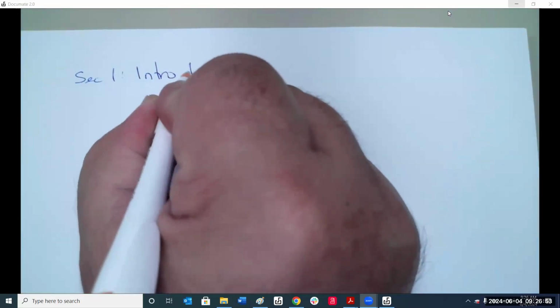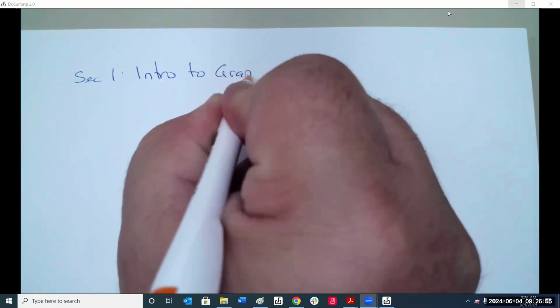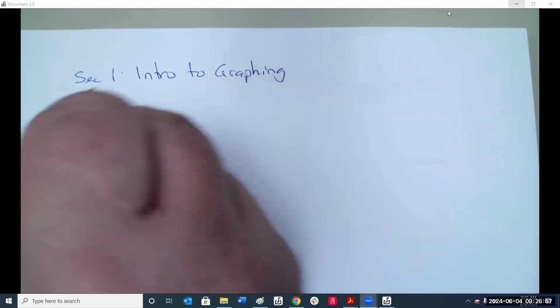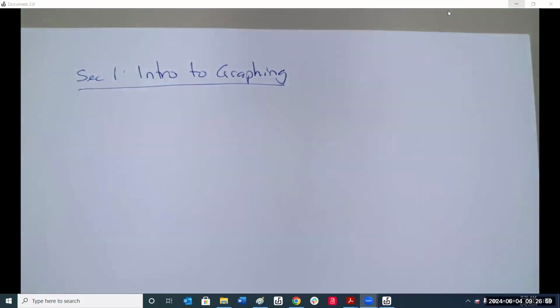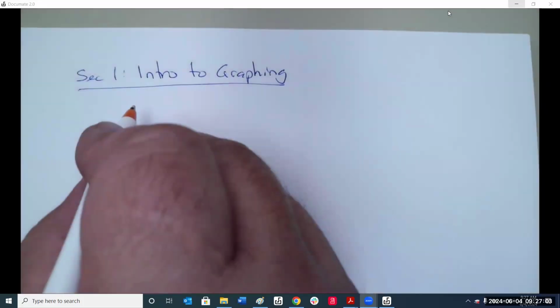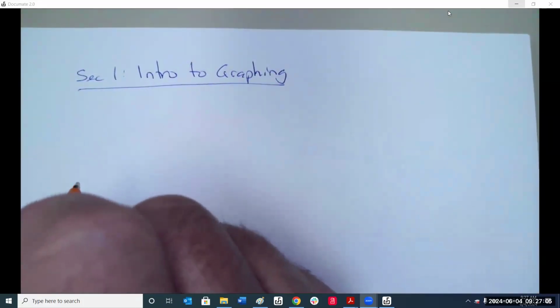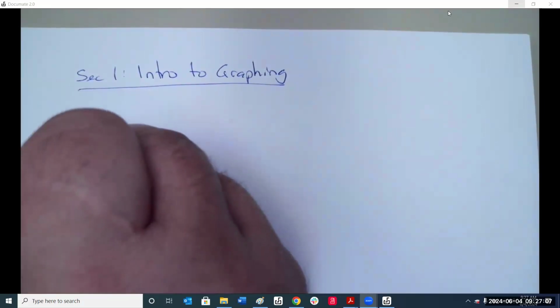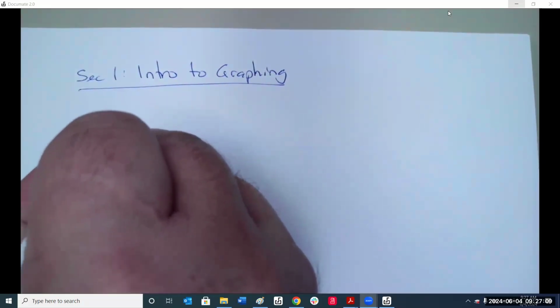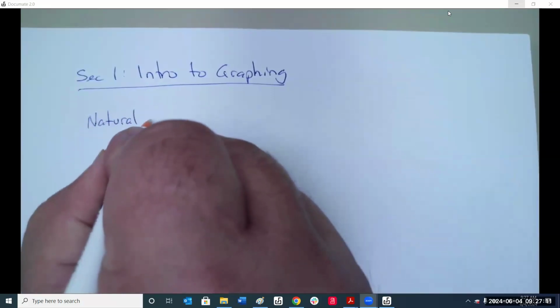All right, so that's the first part. So section 1. Intro to graphing. When we first learned numbers, we learned what are called natural numbers.